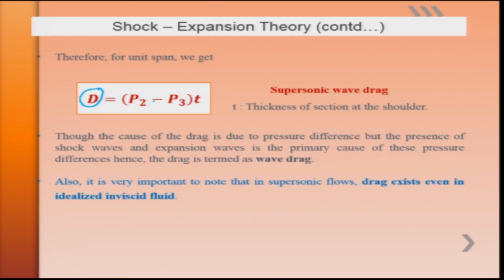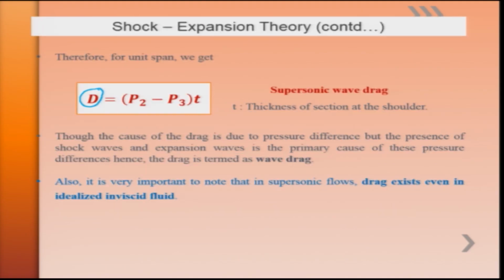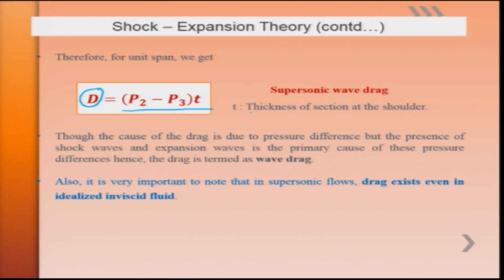We can write P2 minus P3, the forward face pressure P2 being relaxed to P3, and then if the thickness at the mid plane of this airfoil section is t, we can approximately write P2 minus P3 times t, where t is the thickness of the airfoil at the shoulder.